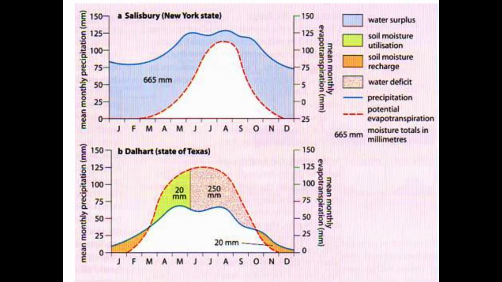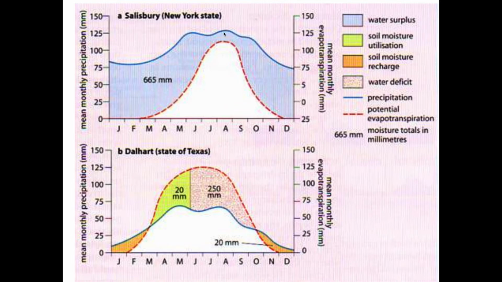Right, final pair. Salisbury in New York, and yes, this is not Salisbury, UK, this is Salisbury, New York. There's a Taunton in America as well, and Manchester, lots of places. Look, this is easy. If precipitation is higher than evaporation all year round, they are always in water surplus. It's not a lot to say.